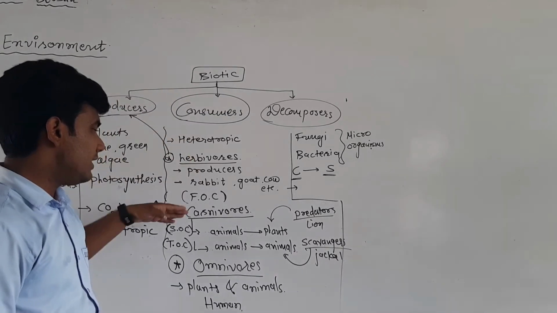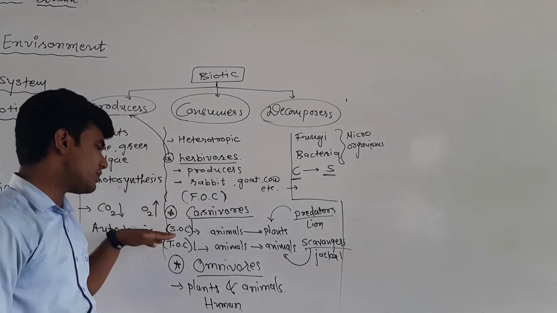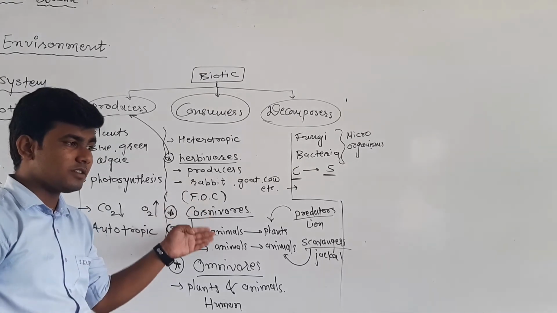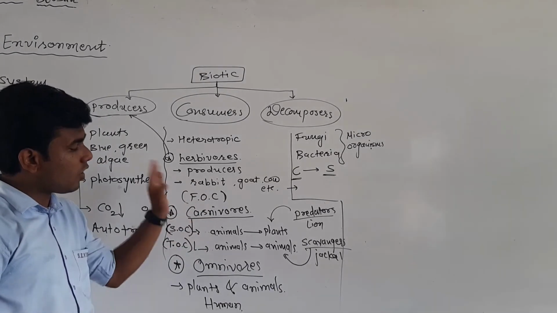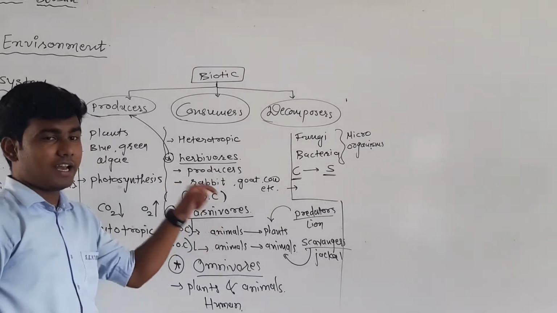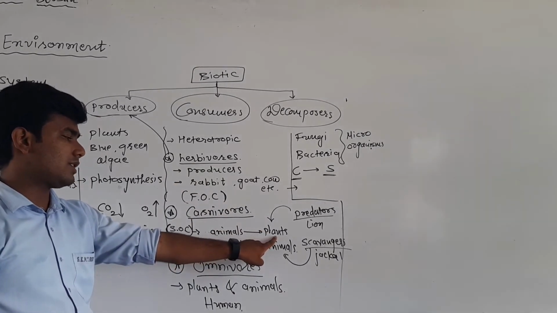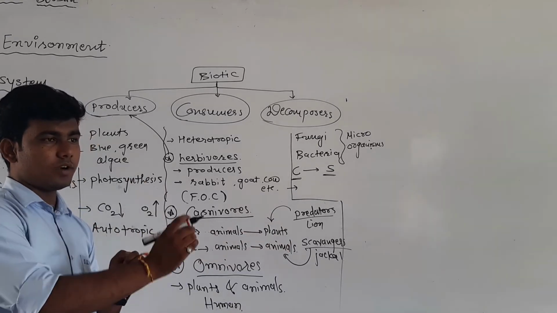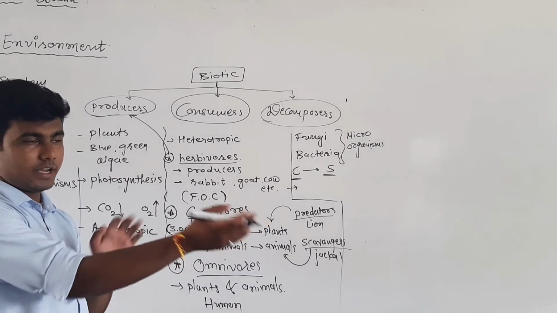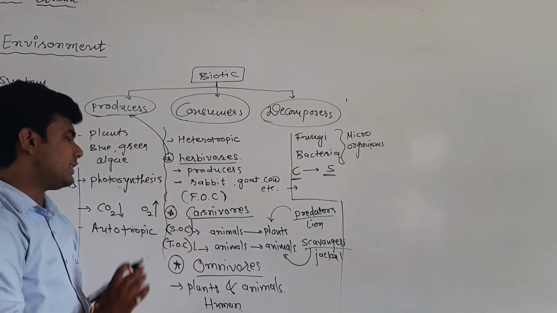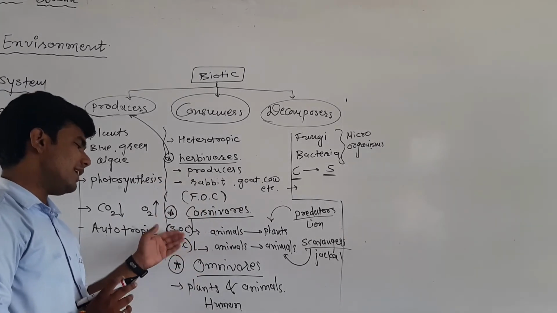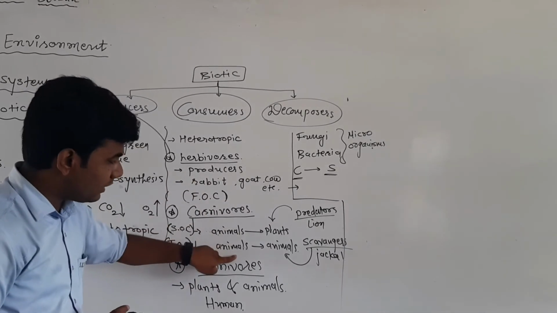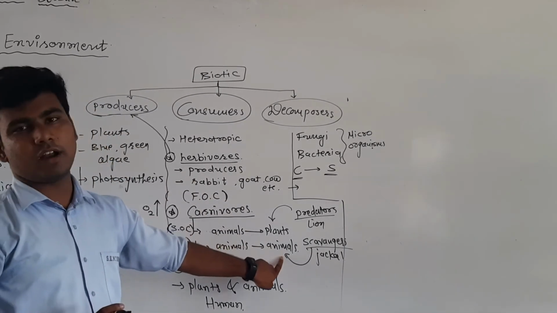Then after that, in carnivores, we will have second order consumers, means the animals dependent on other animals, and that other animal depends on plants, right, like lion. Suppose lion eats goat, but goat eats grass. Okay, so this way we can understand the concept of second order consumer. Similarly, in third order consumer, the carnivorous depends on other animal, and that animal is dependent on other animal.